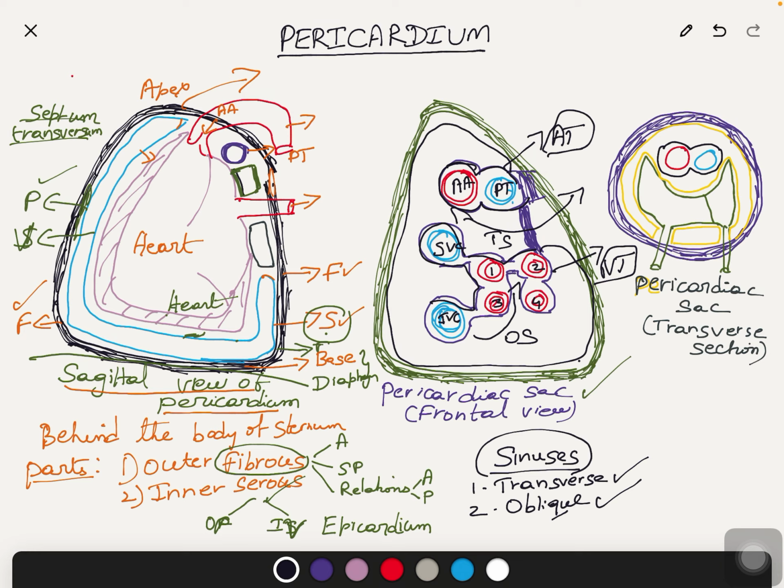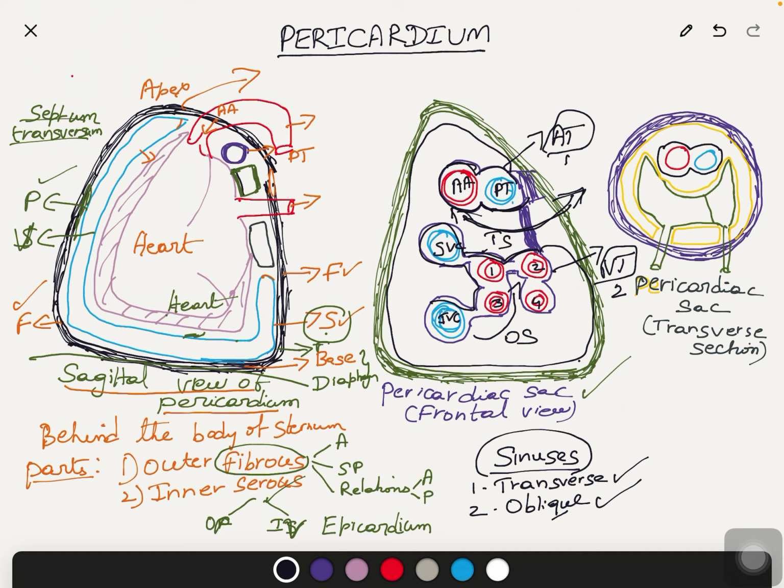It is a transverse passage between two tubular reflections of serous pericardium, and it is lined by visceral layer only. So this is one visceral layer and this is the other visceral layer. It is an intervisceral space. So that is the transverse sinus.